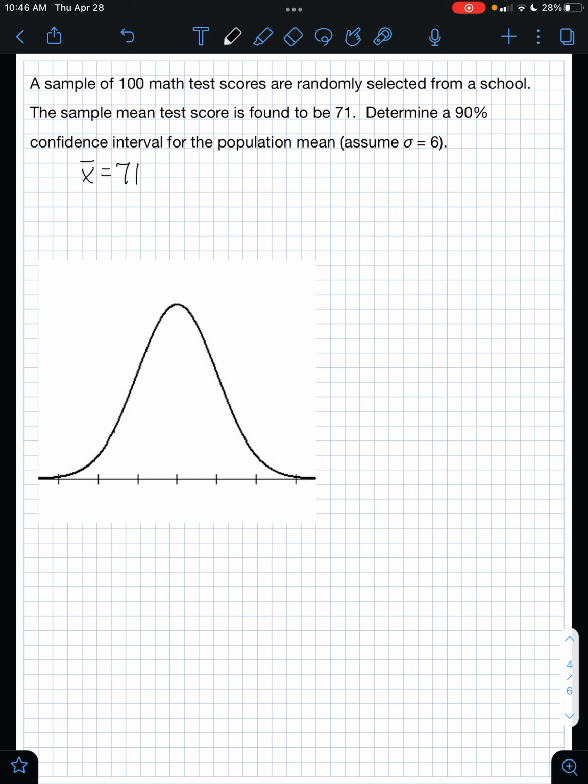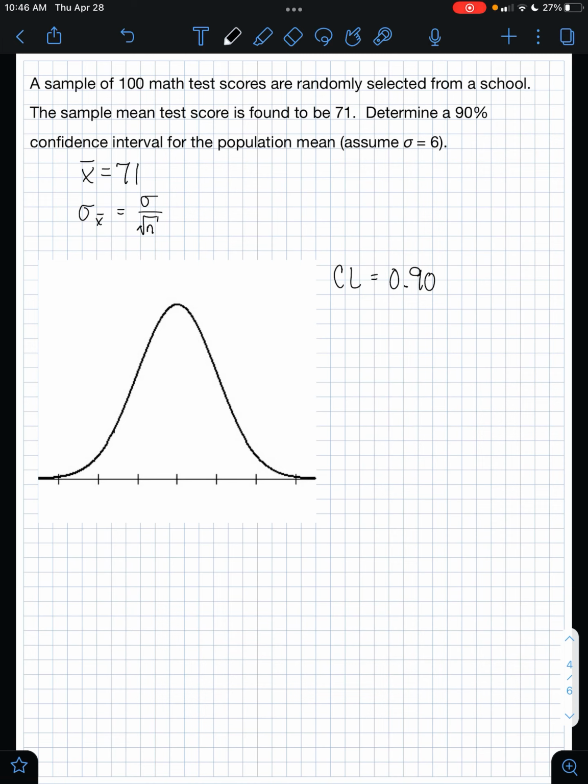So we're now told to determine a 90% confidence interval for the population mean. So that tells us our confidence level. Let's jot that down. Now, the only other thing we haven't addressed here is sigma sub x bar. We're going to need that as part of the formula for our interval, but sigma sub x bar is based on two things.